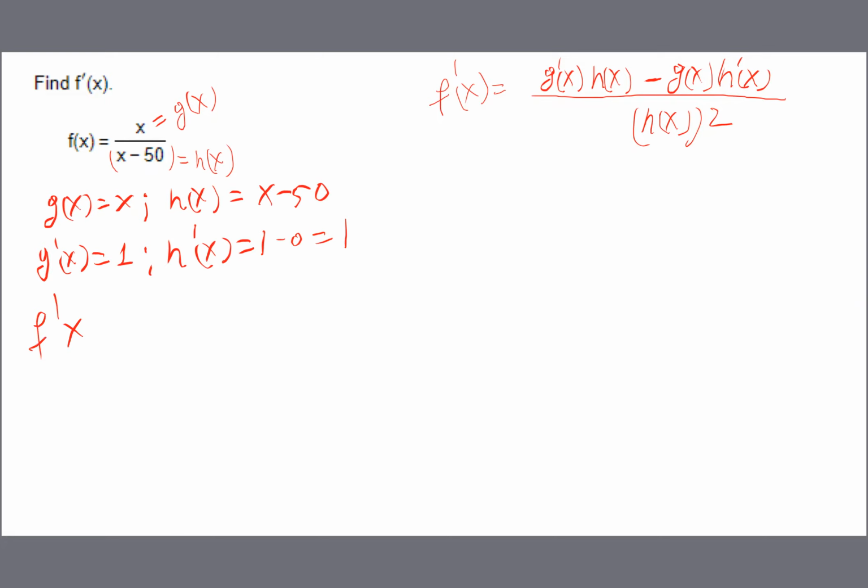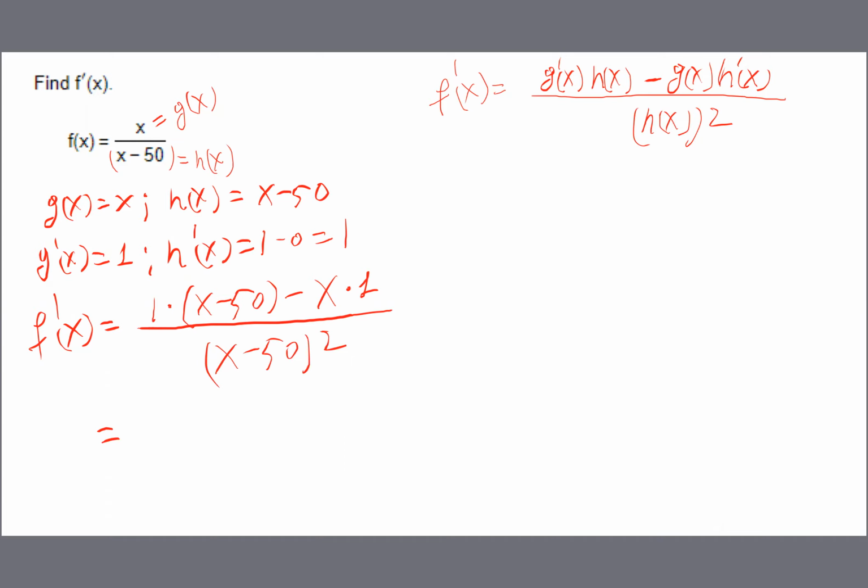F prime of x is equal to g prime of x, which is 1, times h of x, x minus 50, minus g of x, which is x, times h prime of x, which is 1, divided by h of x squared, which is the denominator squared, x minus 50 all of it squared.